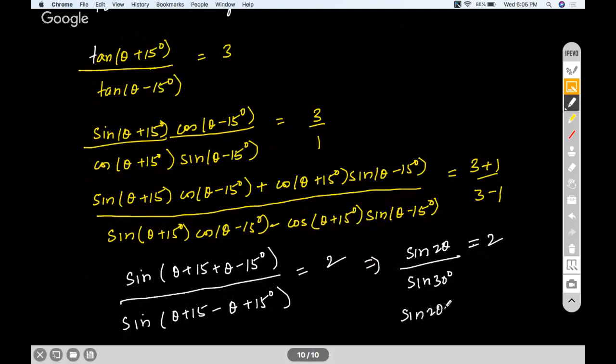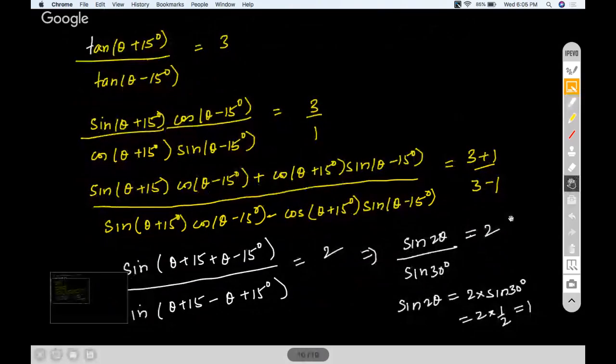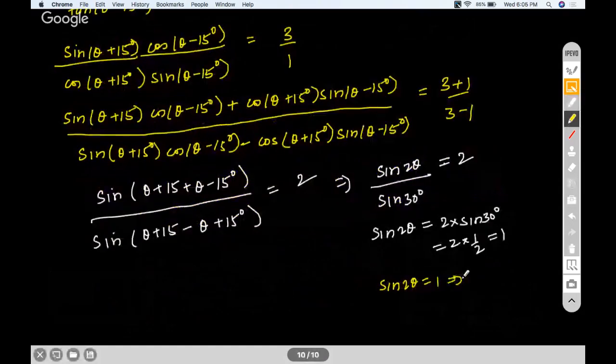So sine of 2 theta is going to be 2 into sine 30 degree. That's going to be 2 into half, which is nothing but a 1. Correct? Now sine of 2 theta is 1 implies 2 theta has to be 90 degrees because it's given that your answer should lie between 0 to 90 only. So theta has to be 45 degrees for this.